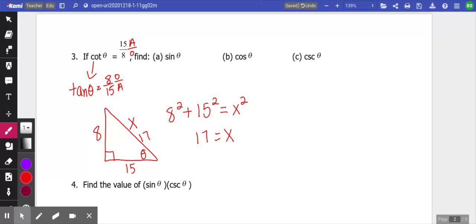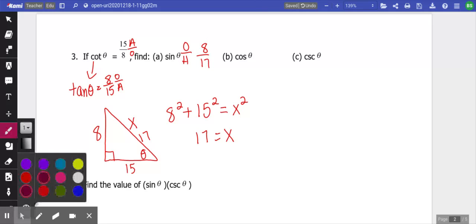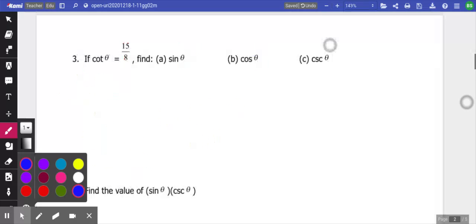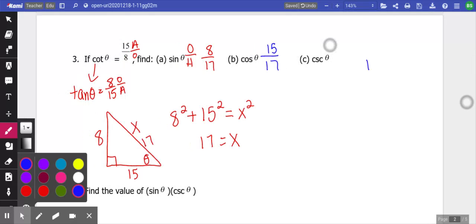So then let's find sine, cosine, and cosecant. Sine is opposite over hypotenuse, which will equal 8 over 17. Cosine is adjacent over hypotenuse, so 15 over 17. And cosecant is the reciprocal of sine. So we already know sine, so let's flip that fraction and get 17 over 8.